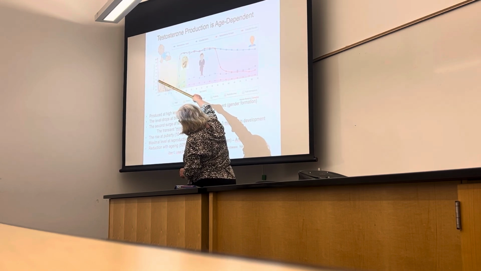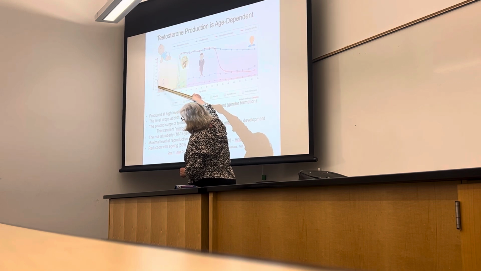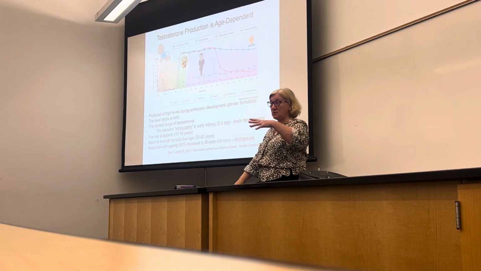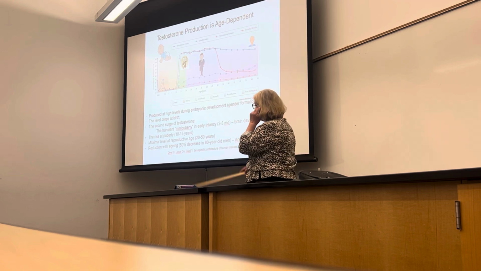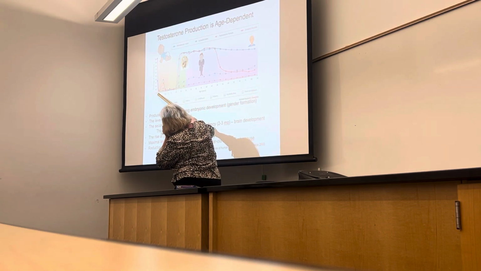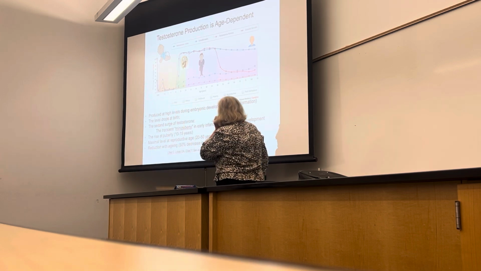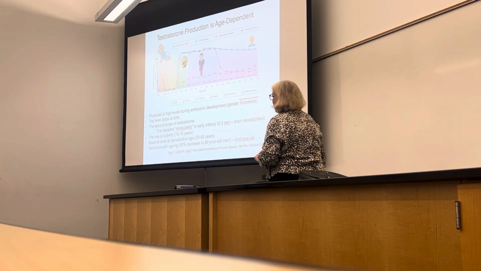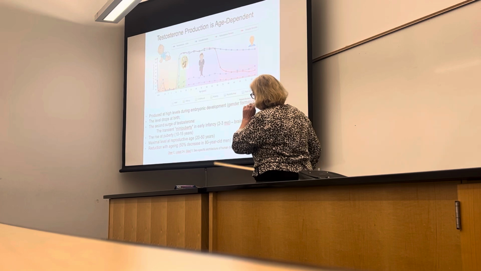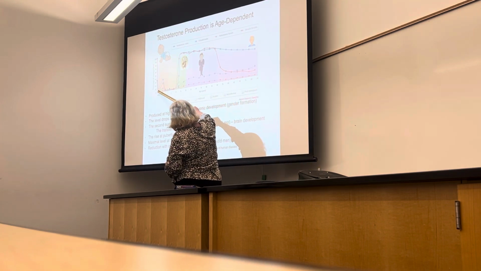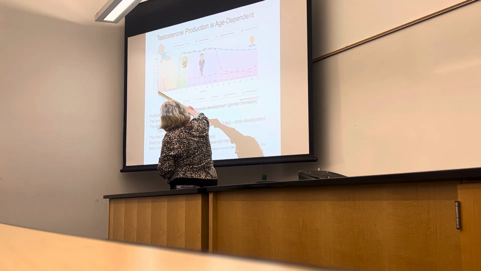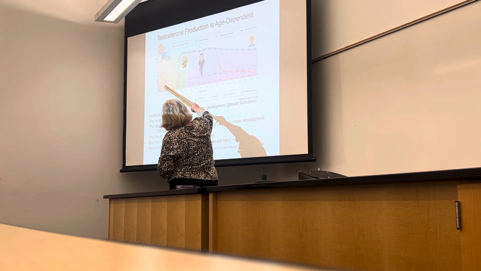There is a peak here, and another peak over here, which is not a very good slide. That is important for testis development during embryonic development. I know it's kind of hard to see, but see that little blue line before birth. So the high level during embryonic development is for gender progression. Then it drops down, and then we have a little second surge of testosterone.